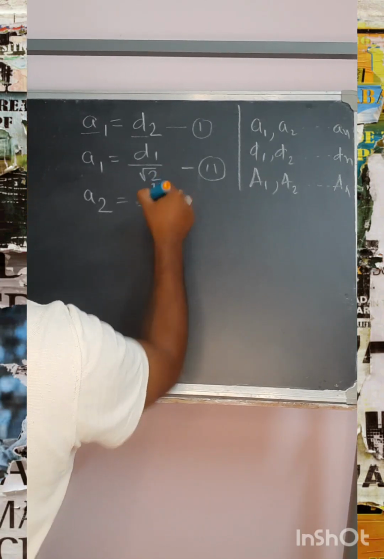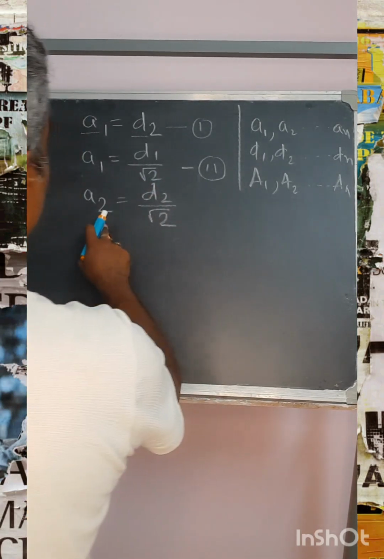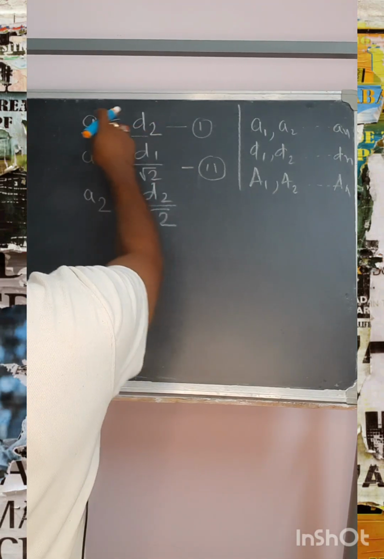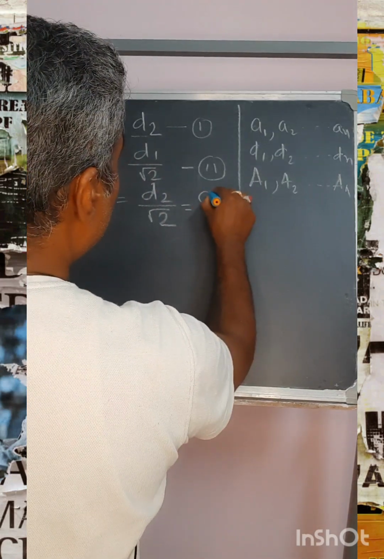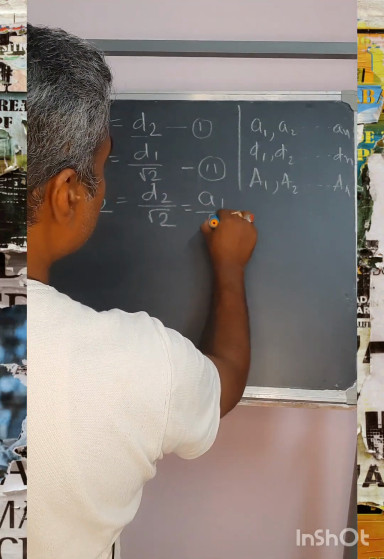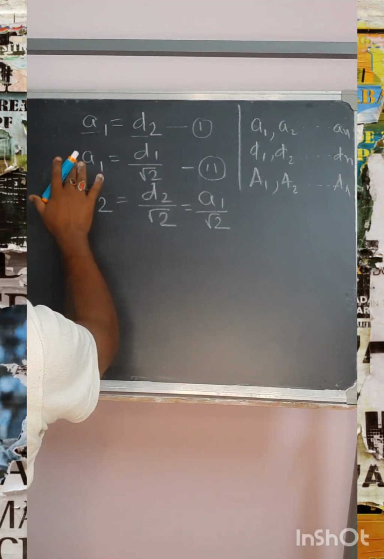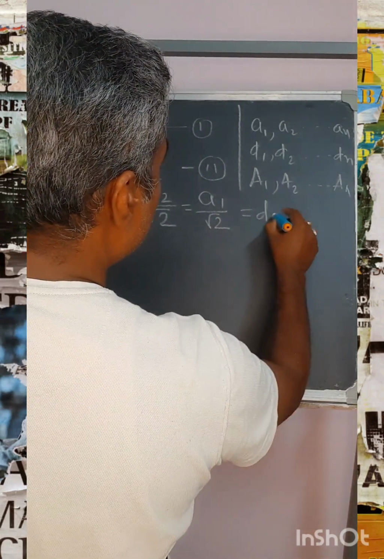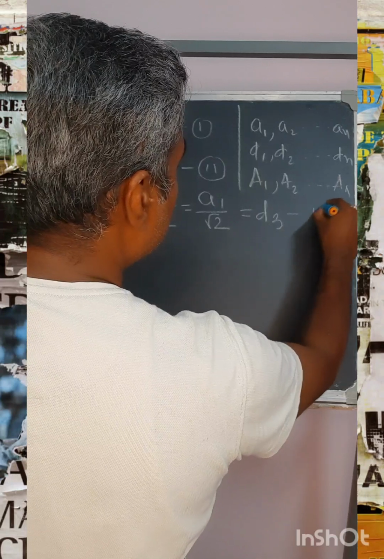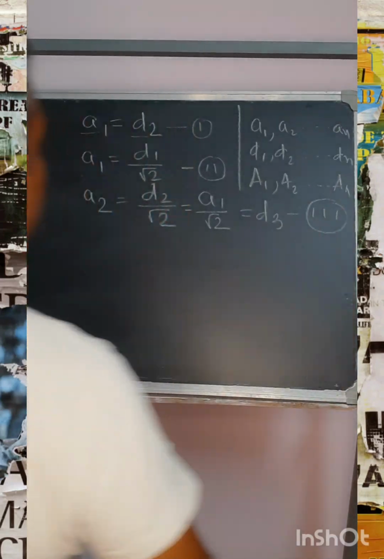Now d2 is a1, so I can put the value of d2 here, and I get a1 by root 2. Now as a1 is equal to d2, a2 would be d3, so I can conclude this for the third square.